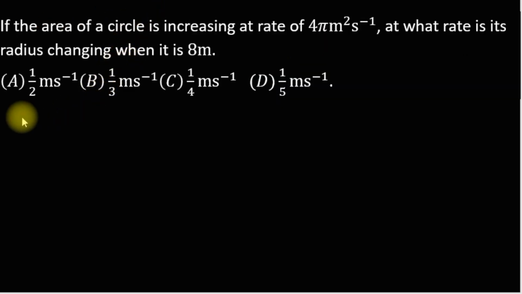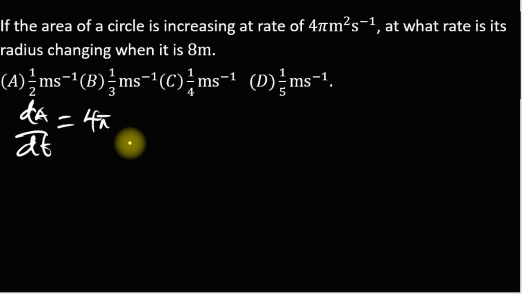If the area of a circle is increasing at the rate of 4 pi meter squared per second, at what rate is its radius changing when it is 8 meters? So they say the area of a circle is increasing at the rate, so we have that dA over dt is 4 pi meter squared per second.